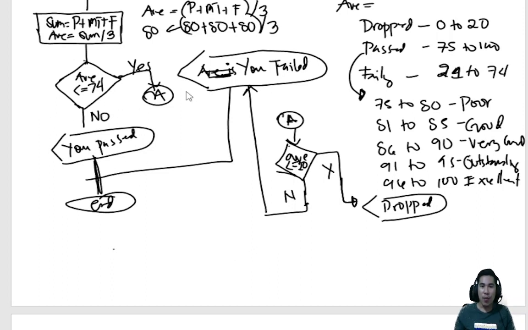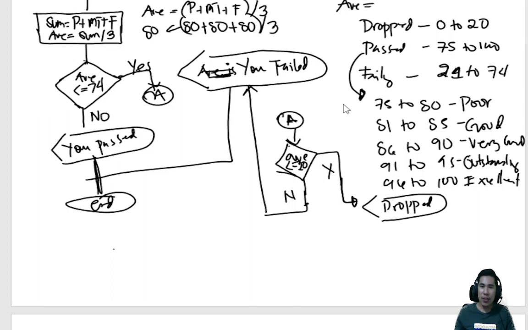So in that sense, your decision there is if the average is greater than 75, okay, that's poor. Then next, yes or no: if no, greater than 81, so meaning in between 75 and 80 is poor, in between 81 and 85 is good.